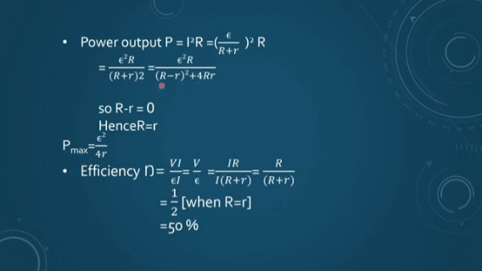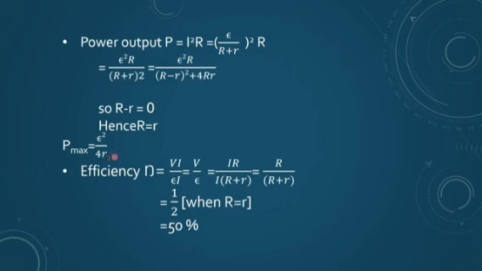So to get this power maximum, the denominator should have the minimum value, which is only possible if R minus r equals 0, or external resistance equals internal resistance. And if you put capital R equals small r in the formula for power, the maximum power comes out to be epsilon square divided by 4r.